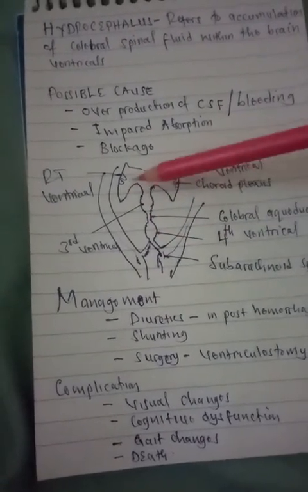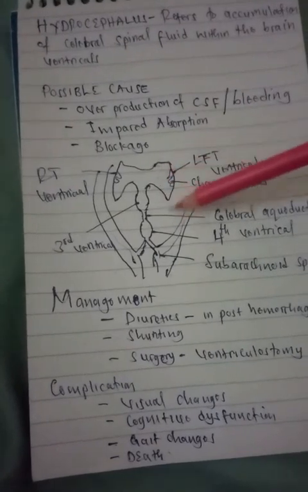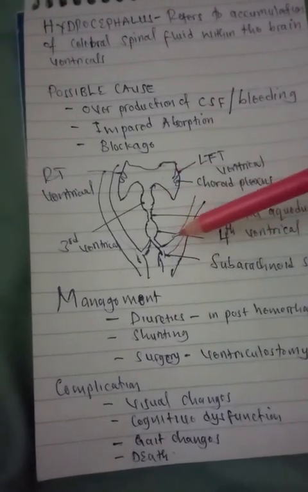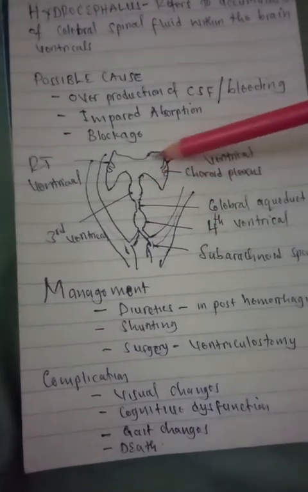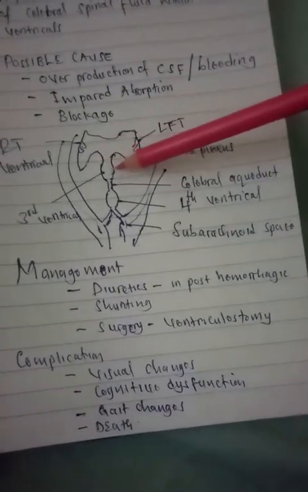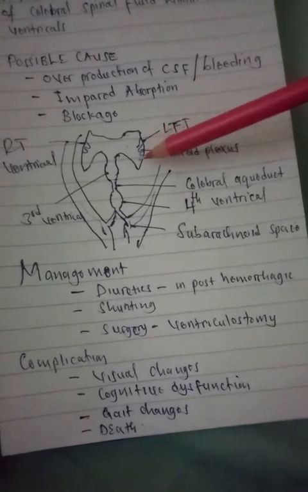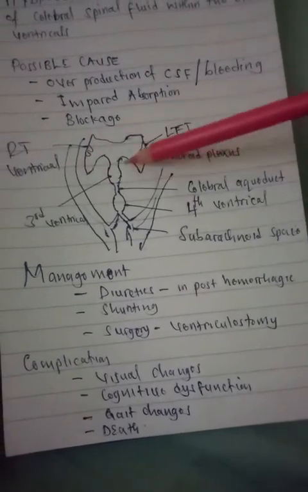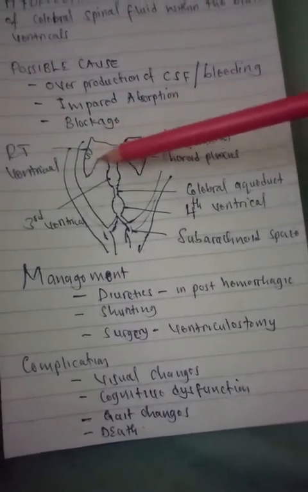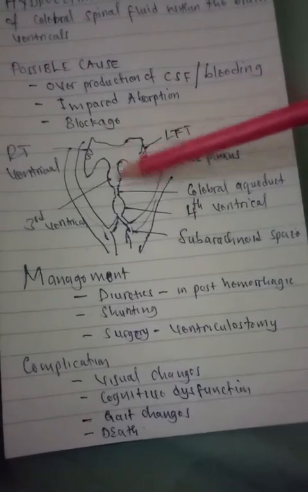But in adults, it can also occur due to an increased venous pressure, which causes the transudate fluid to increase within the brain ventricles.